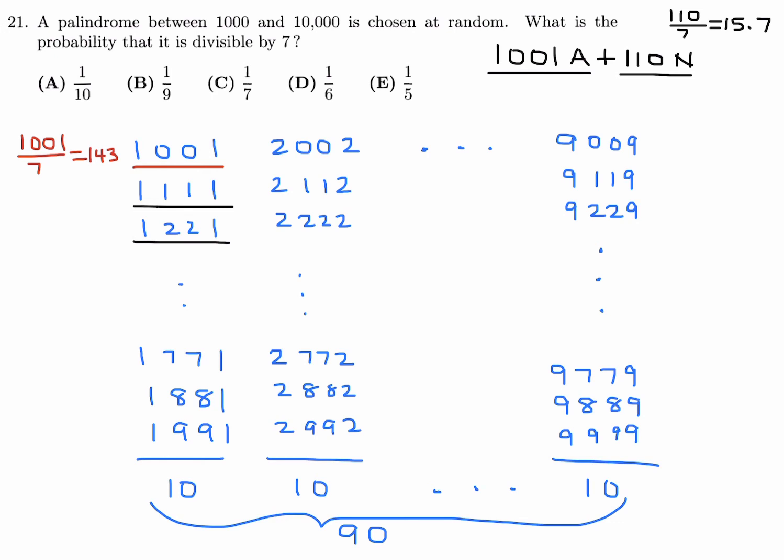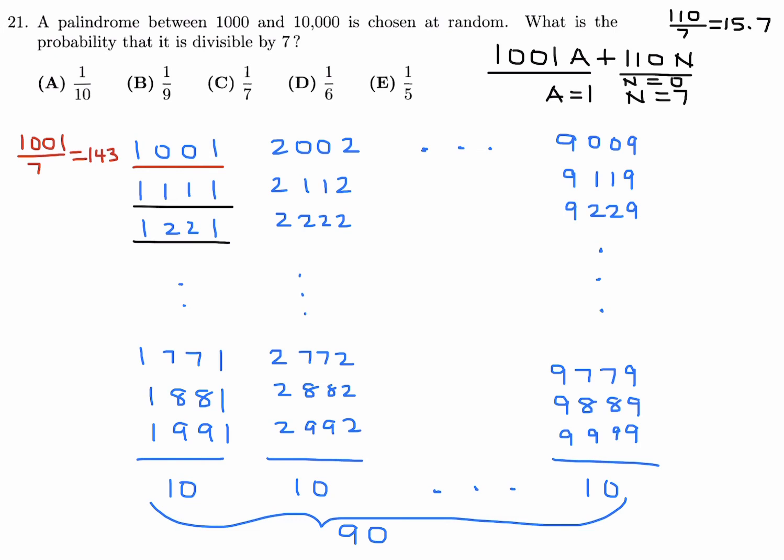More good news in this question is that we really only have to concentrate on one column, because all the columns behave exactly the same. For example, in the first column, a is 1, and then you just go up by 110s. The only one that's divisible is when n equals 7, or when n equals 0.